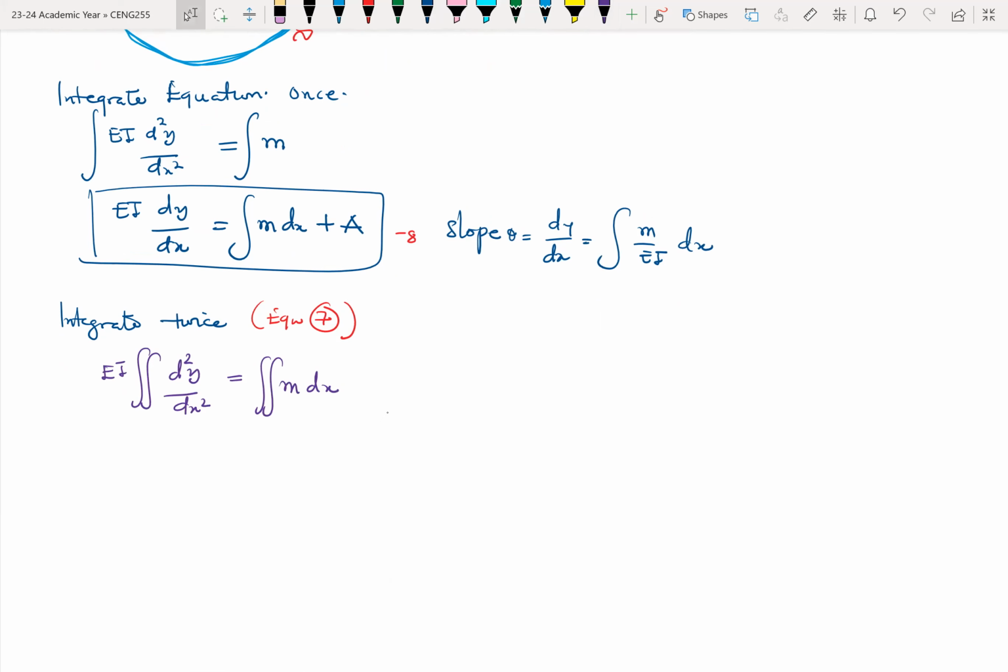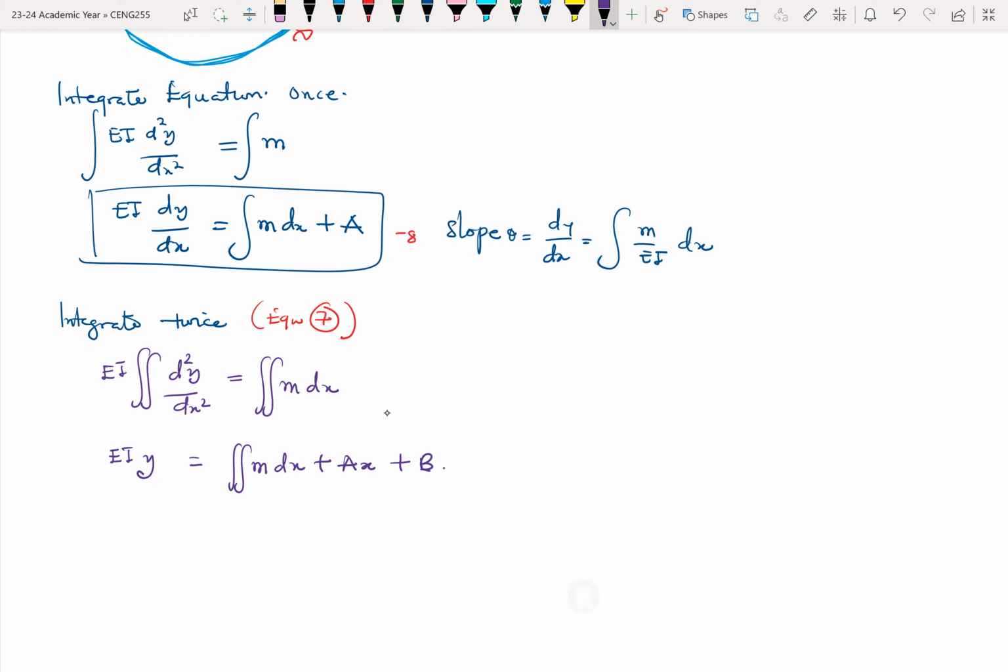If you double integrate a differential, which is already a double differential or a second order differential, then you end up with what? A y, or should I say a deformation. So EIy then becomes, if you were to double integrate M dx, that will give you a constant A, which then will be integrated to give you Ax plus another constant B. Okay.